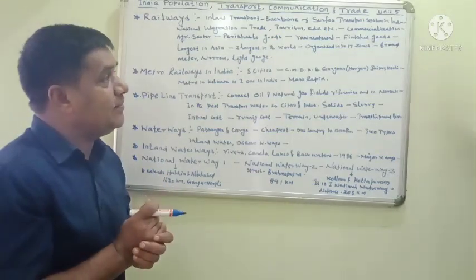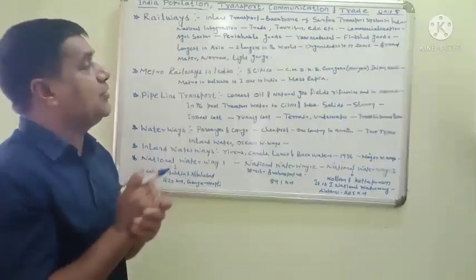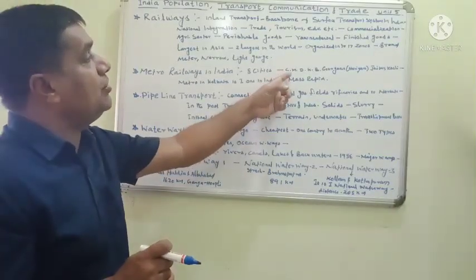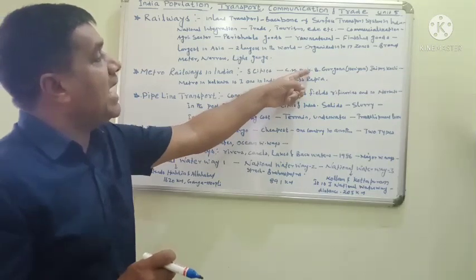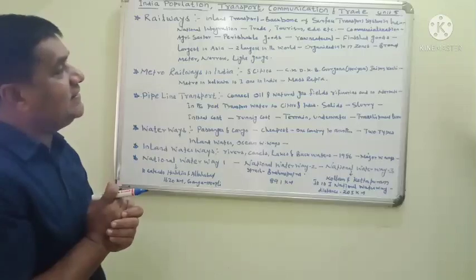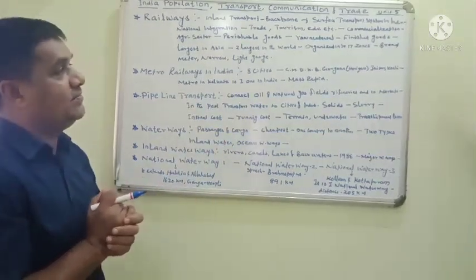Gurgaon is in Haryana, Jaipur is in Rajasthan, Kochi is in Kerala. Chennai is in Tamil Nadu. Mumbai is in Maharashtra. Delhi is in North India. And Kolkata is in the eastern side, West Bengal. And Bangalore is in Karnataka.